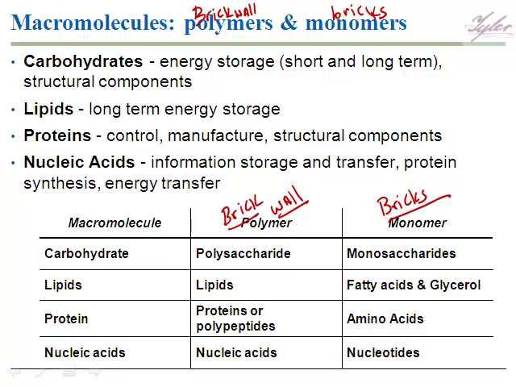Down here is how you can think of that. Carbohydrates function in long-term energy storage and structural components. Lipids are even longer-term energy storage. Proteins control and manufacture structural components, and nucleic acids, information storage and transfer, protein synthesis, and energy transfer.